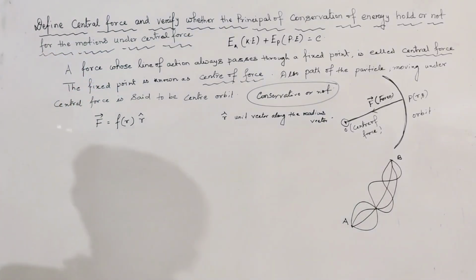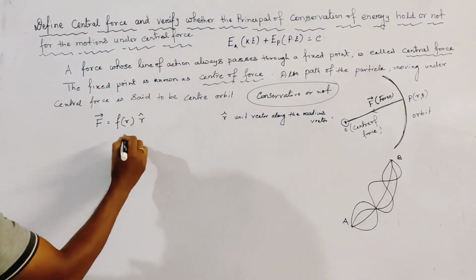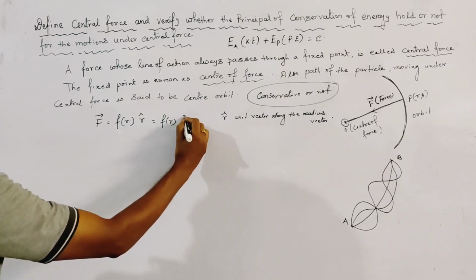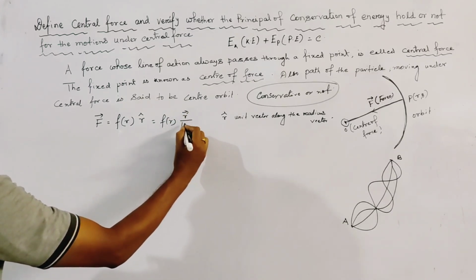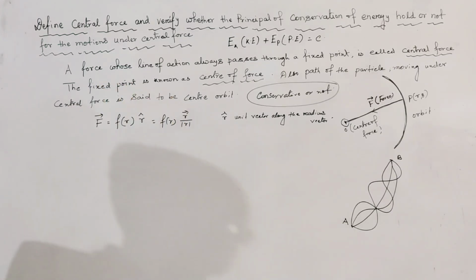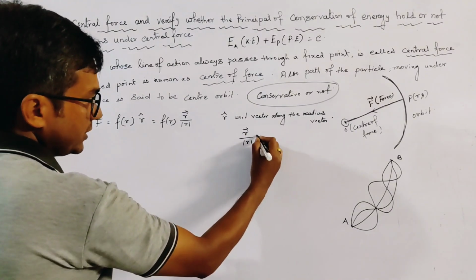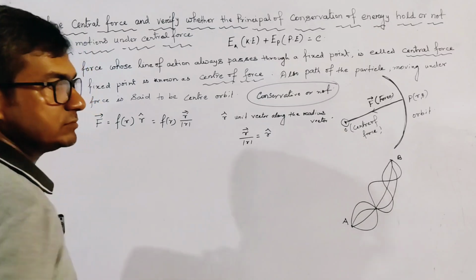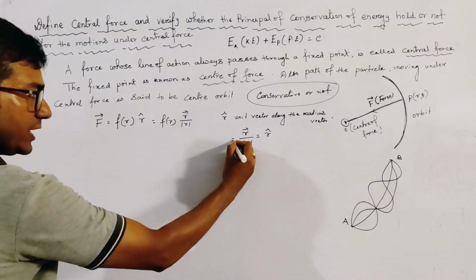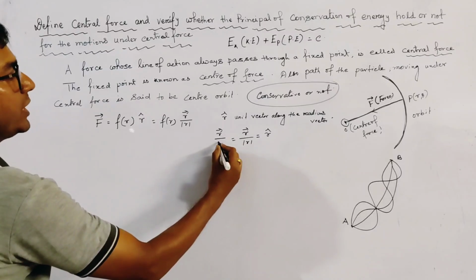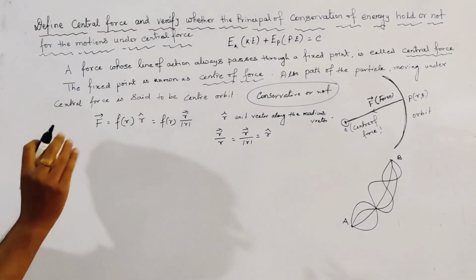Now this relation can also be written as F of r into r vector by mod r vector, because we know that r vector by mod r vector is the unit vector. Here this is r vector, and the modulus of r we write here only r.